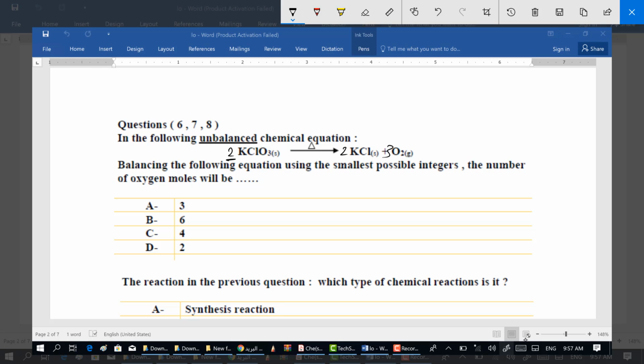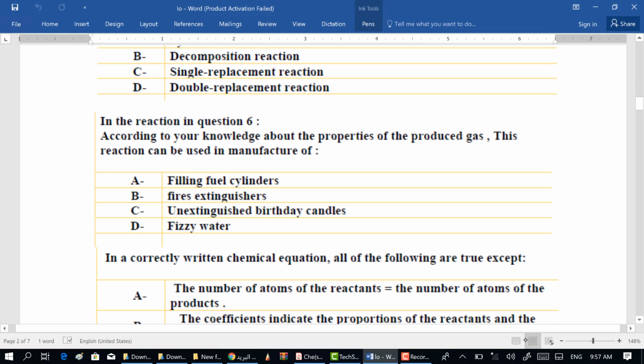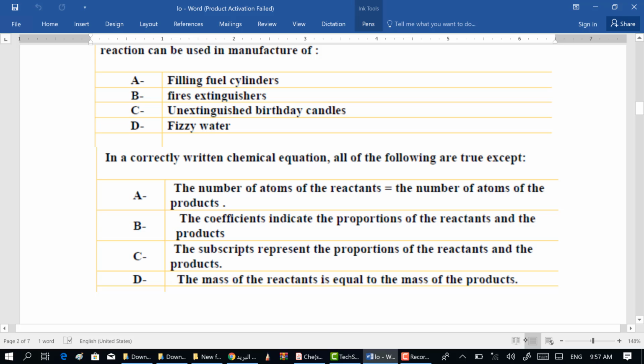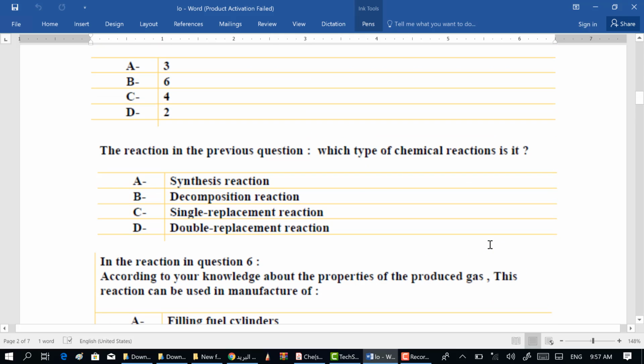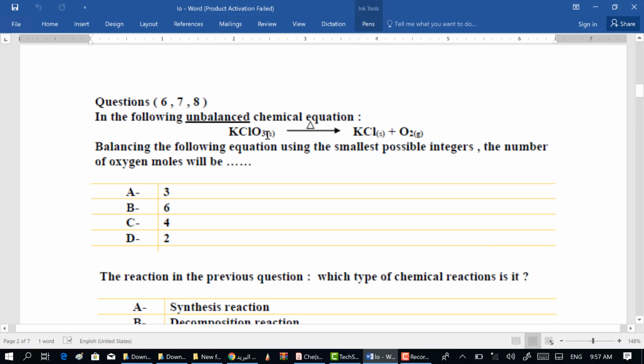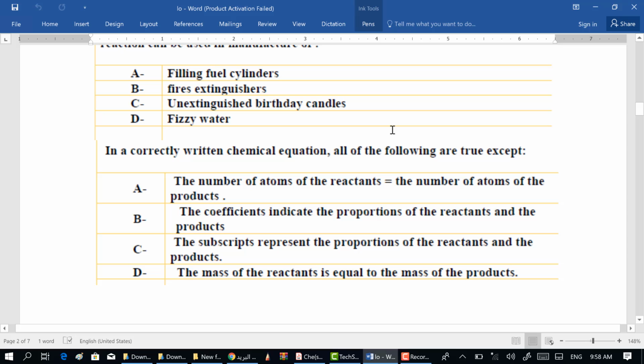This is called the coefficients, the balancing for the equation. Choice number 3 says C, the subscripts represent the properties of the reactants and the products. What is a subscript? A subscript means the 3 for the oxygen or the 2 for the oxygen. It does not represent the balancing of the equation. So the answer will be C. The mass of the reactants equals the mass of the products according to the law of conservation of mass. So the choice will be C.